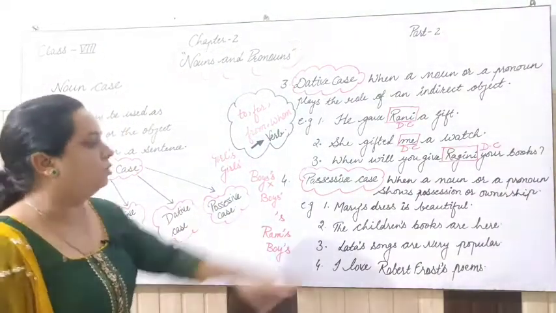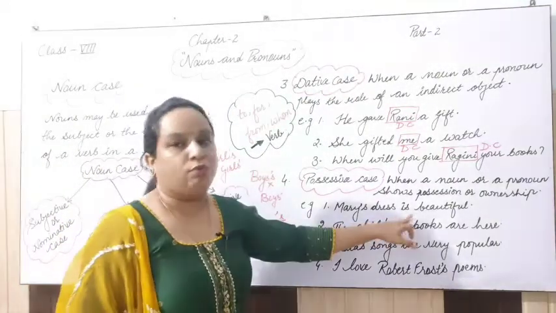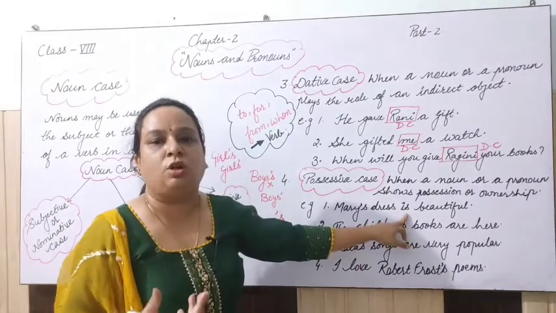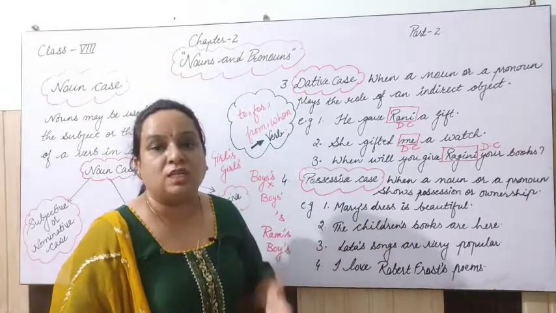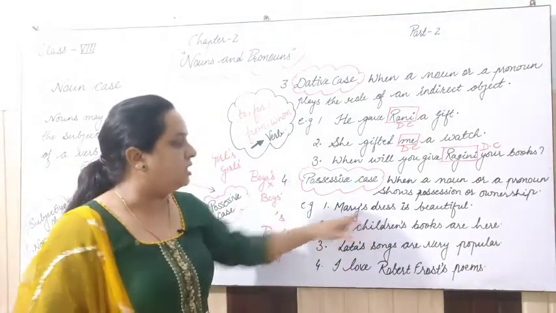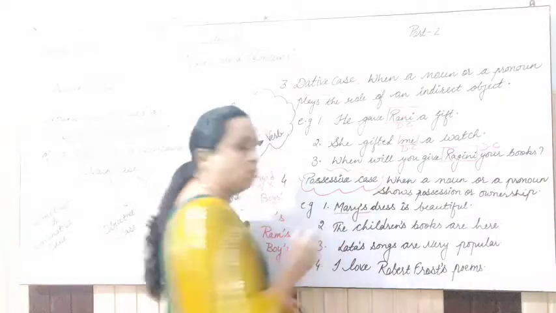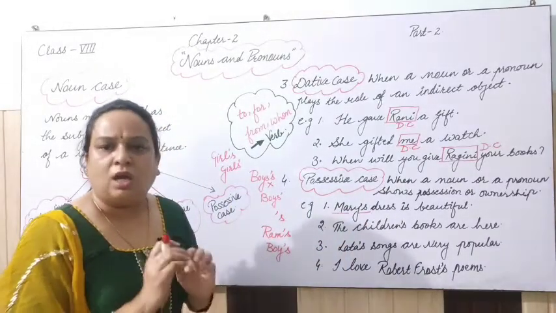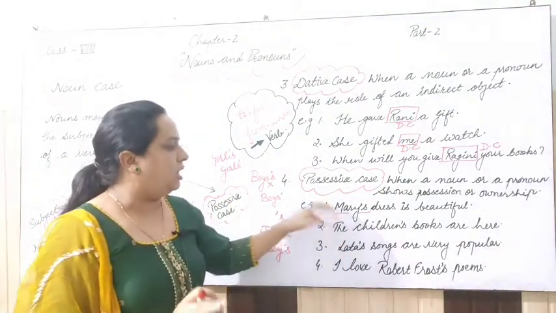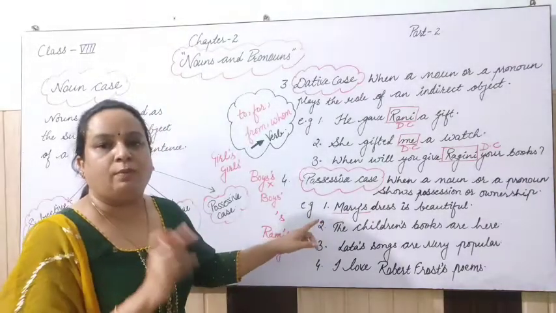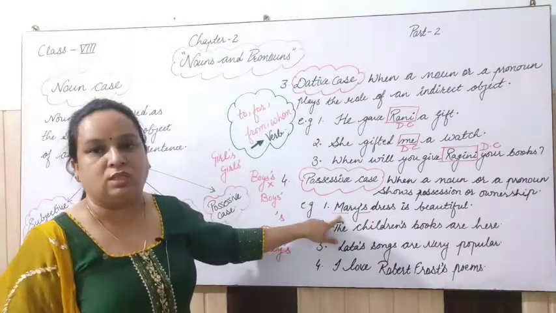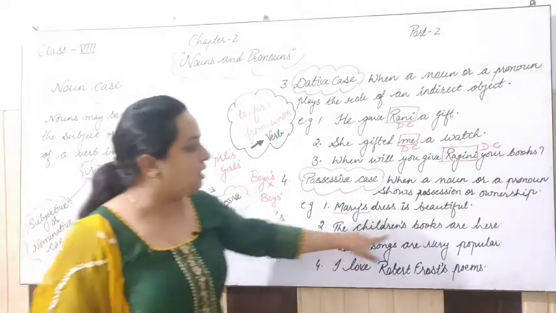You have to see this also. So Mary's dress is beautiful. What I have told you, this is possession or ownership. Now whose dress am I talking about? Mary's dress. So this Mary is the possessive case here. Directly you have to learn that any noun given with apostrophe S is possessive case, right? The children's book.